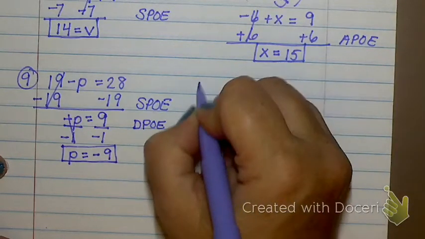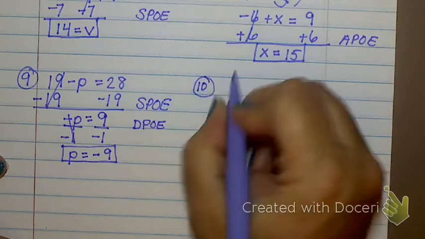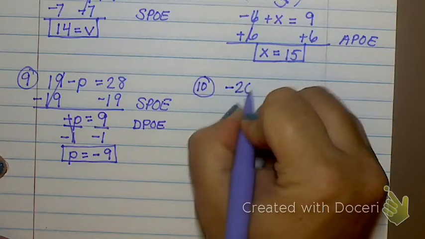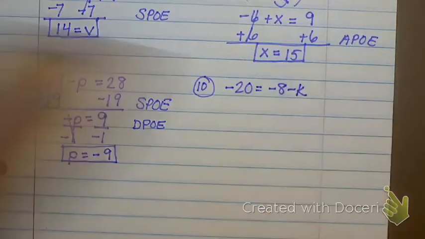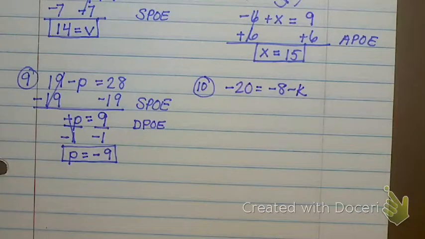So. Last problemo. -20 is equal to -8 minus K. You try that one. Remember, I need 2 properties for each one, and I need an answer.